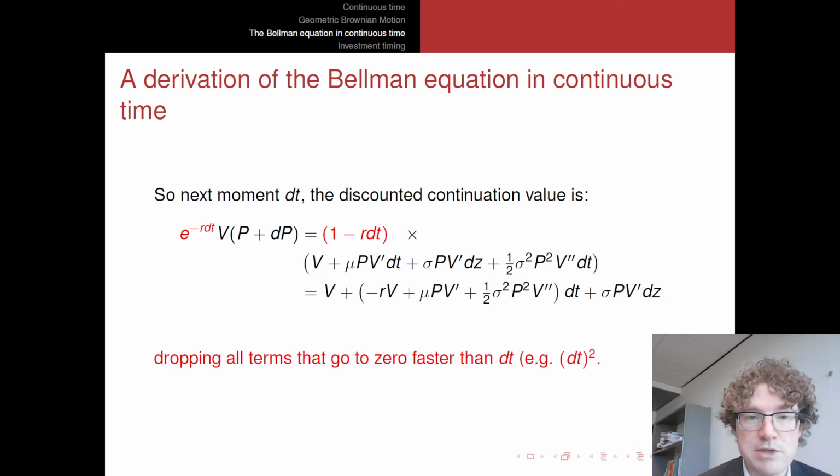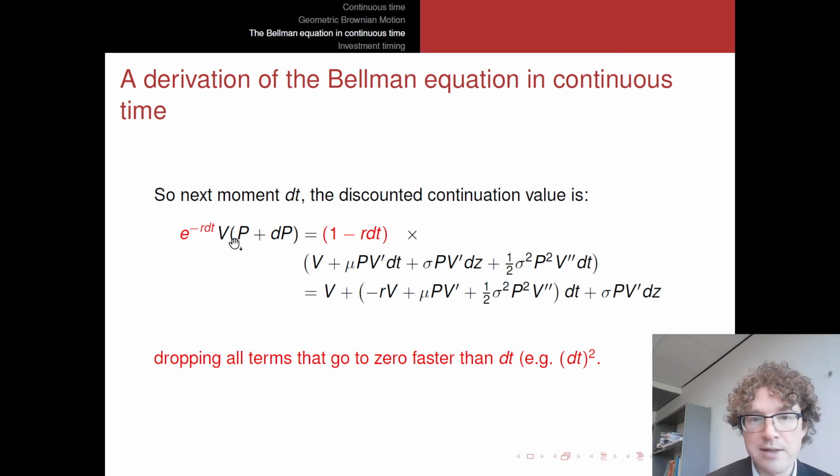So e to the power 0 is actually 1, but there's again a first order correction, proportional to the derivative of this term, which is minus r dt. So when you expand that up to level dt, you get 1 minus r dt, plus higher order terms. We're going to drop all terms that go to 0 faster than dt, so anything proportional to dt squared we're going to drop.